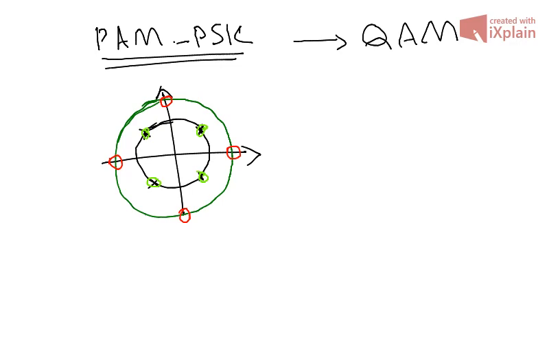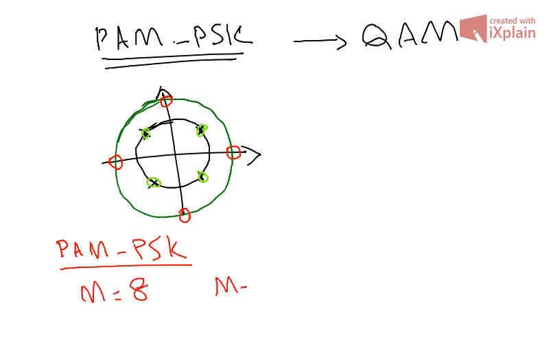When we use all these 8 points, this is a combined PAM PSK constellation, and it's a circular constellation for M equal to 8 QAM. So this is the MQAM constellation, with M equal to 8, and the circular constellation would look like this.